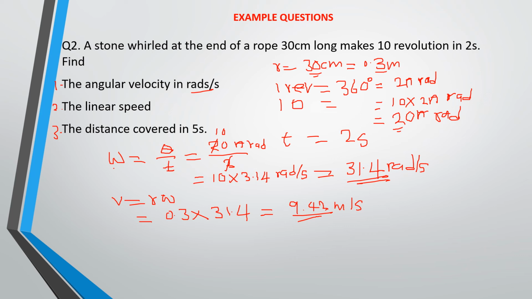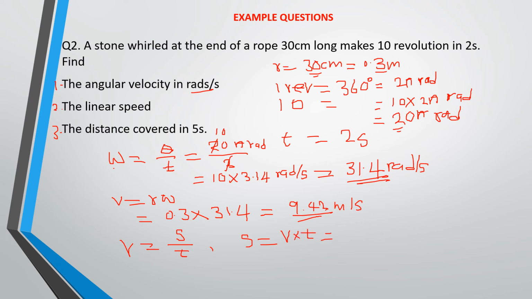Then the distance covered. We had that your linear speed is equal to displacement all over time. Therefore, displacement will be equal to what? Displacement s, which is distance covered, is equal to linear velocity times time.